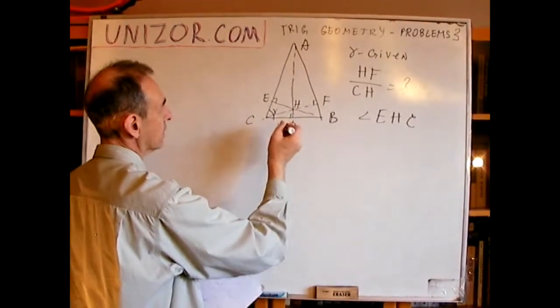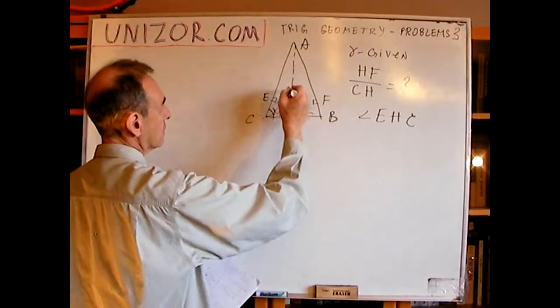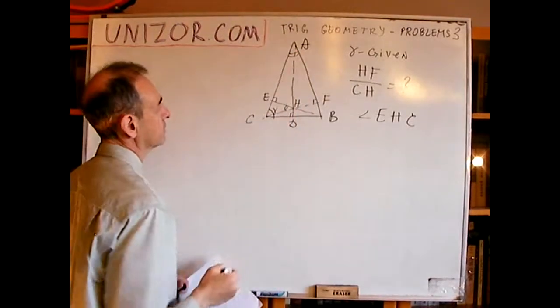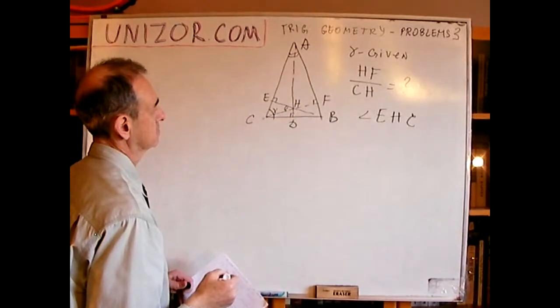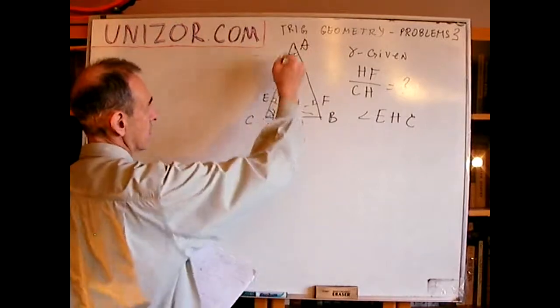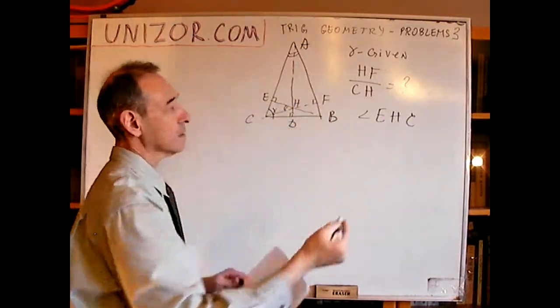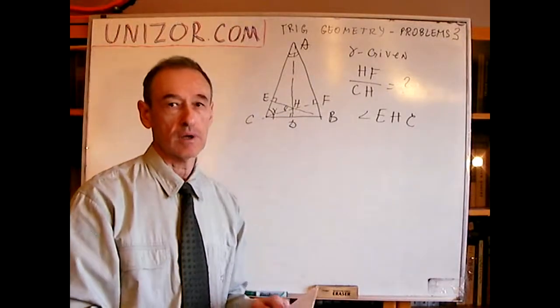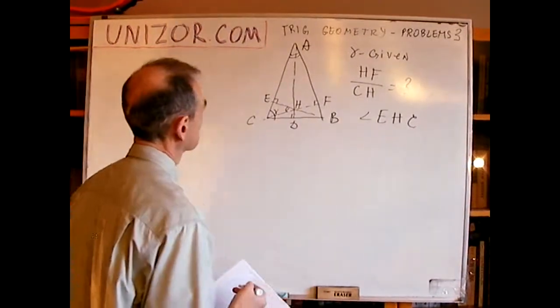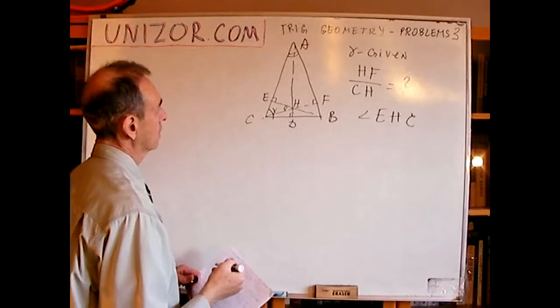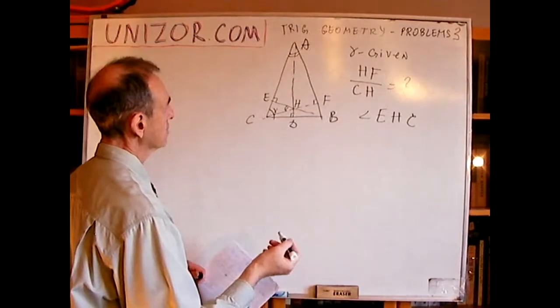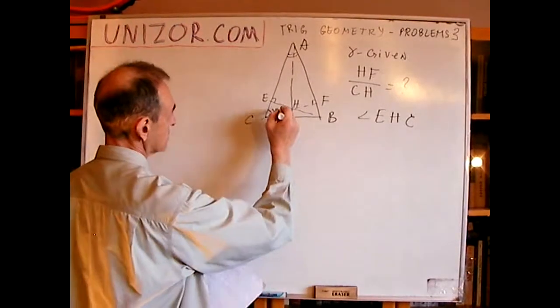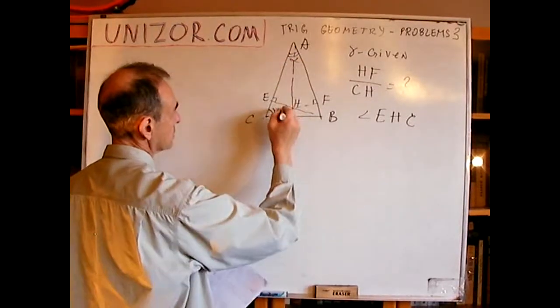So basically, this angle is the same as this angle, right? Because they are two angles formed by mutually perpendicular lines. Now, this is equal to alpha.